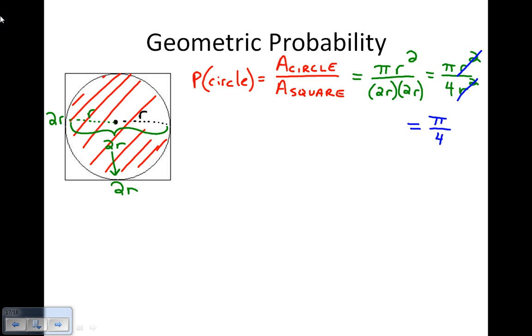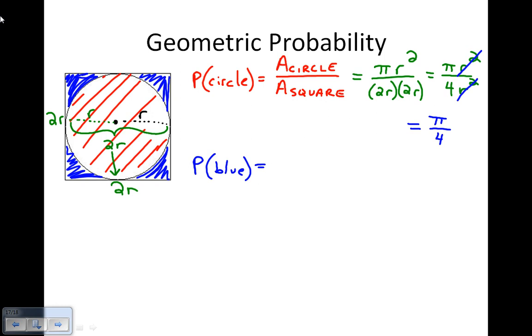Let's say I wanted to find the probability of hitting these corners. So these blue corners I'm shading in. So the probability of blue. Well, we could easily redo the problem. We could subtract off the circle just like we did for the last problem.